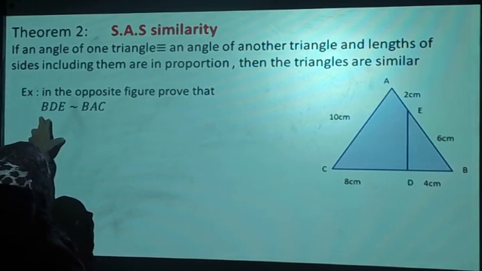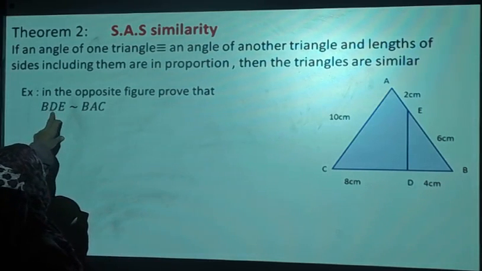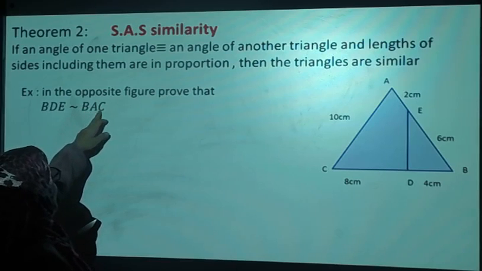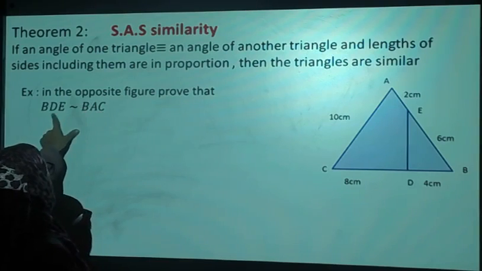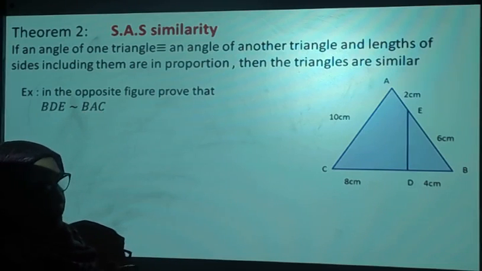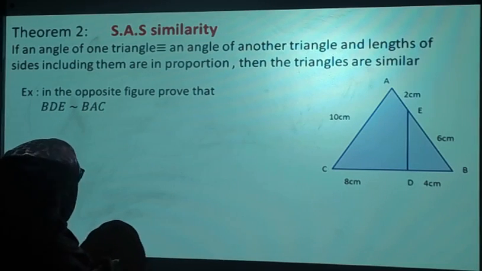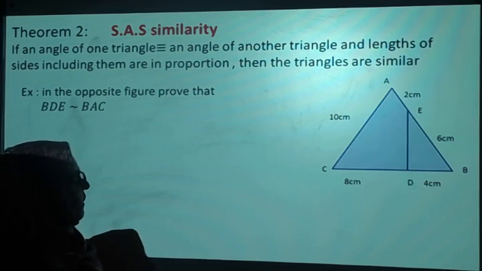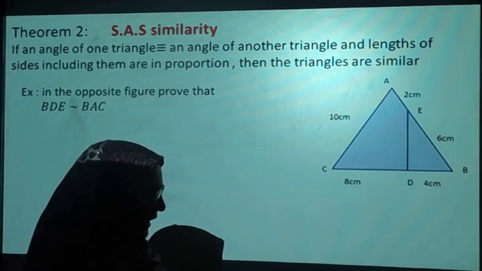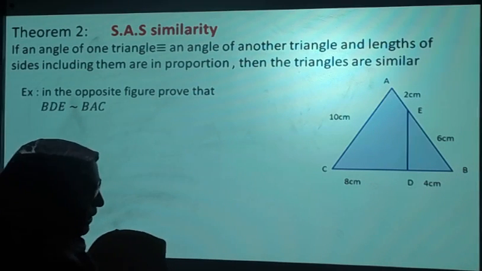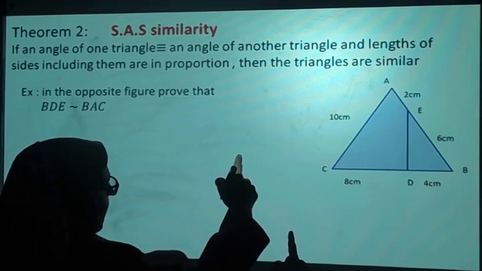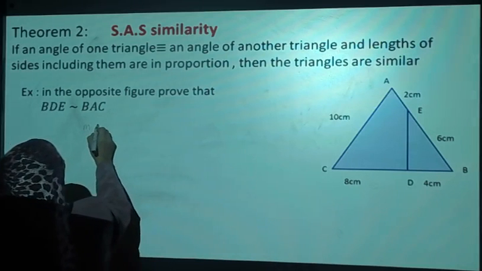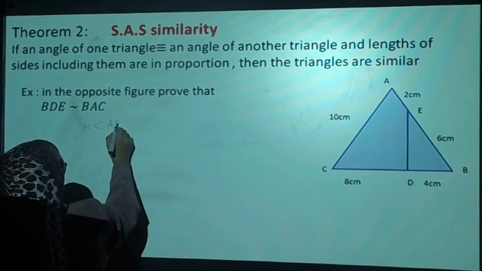I have here BDE, and here I have BAC. As we can see, the letter B is common in the two triangles. Therefore, these two angles are the same. So in the first triangle, it is going to be angle ABC.